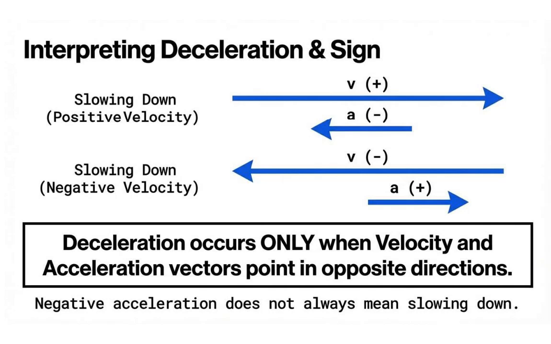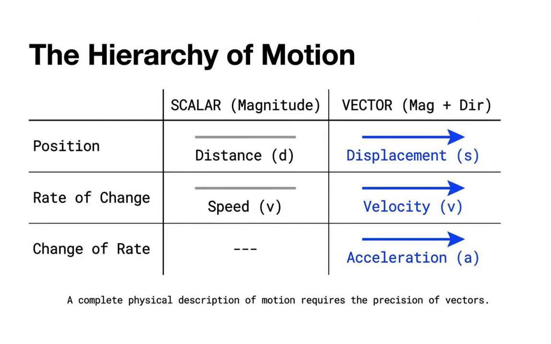This means negative acceleration doesn't always mean the object is slowing down. It depends on the direction of the velocity. So the key point is that deceleration is about the opposing directions of velocity and acceleration, not just the sign of acceleration alone.